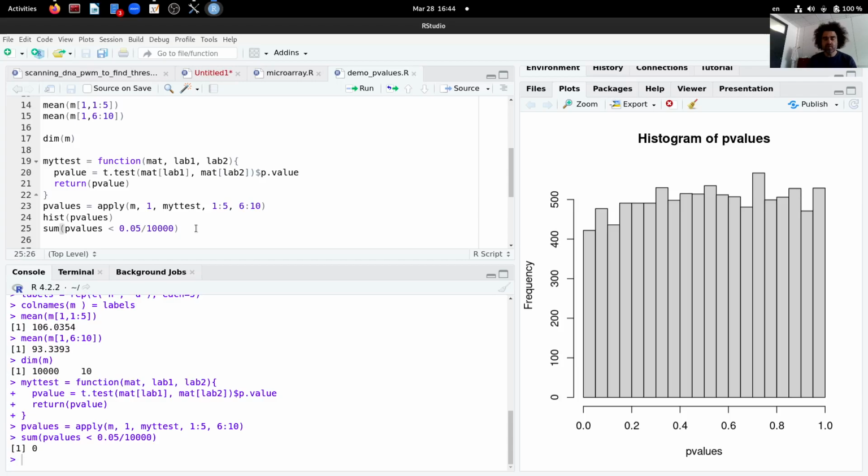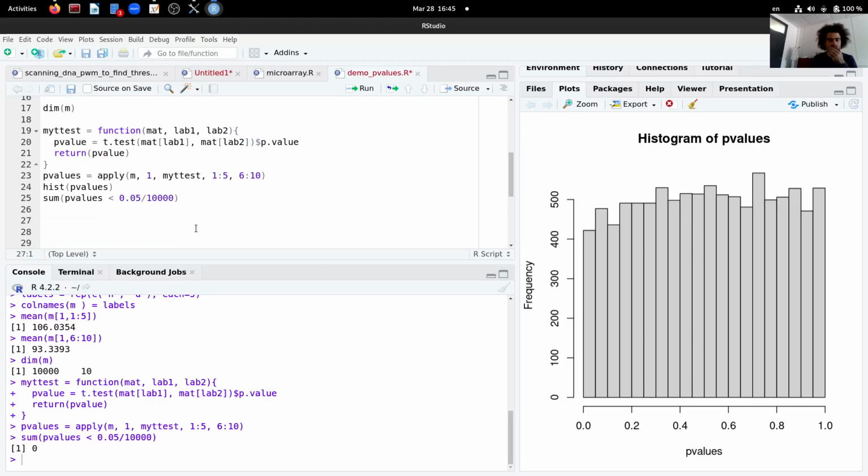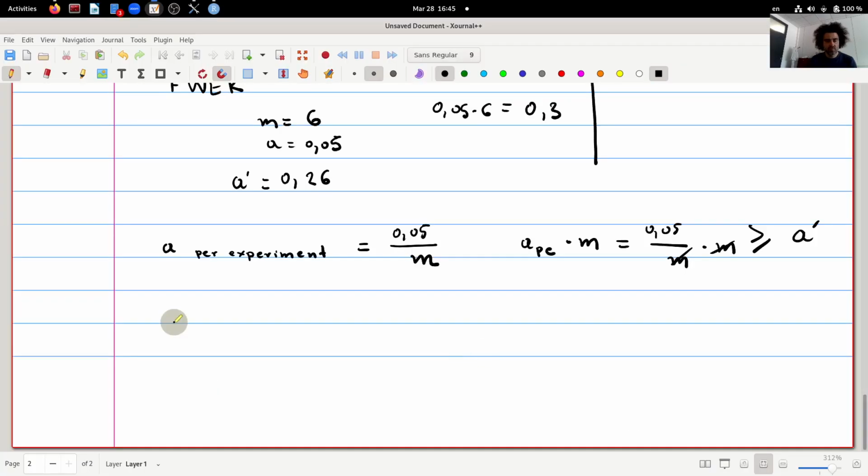Now the problem comes. Another way to see that is the following. Instead of setting as a significance threshold 0.05 divided by 10,000, we say that we'll reject the null hypothesis. Let's put that properly here.